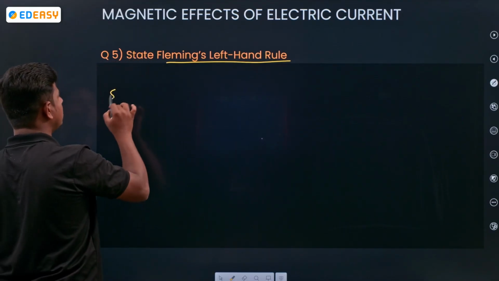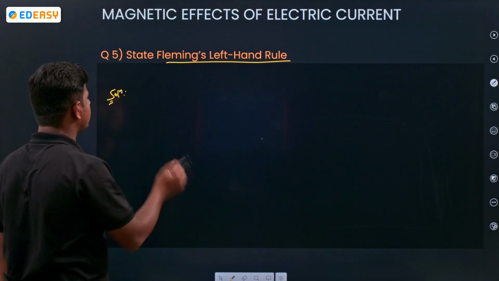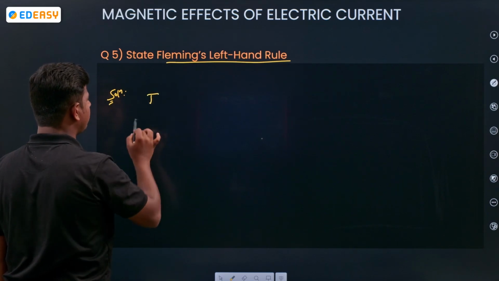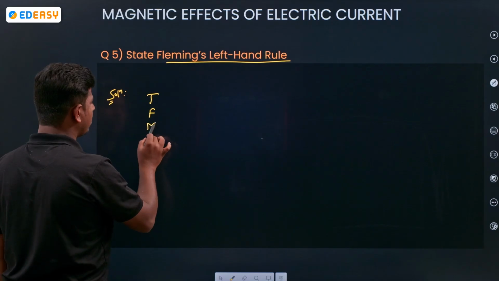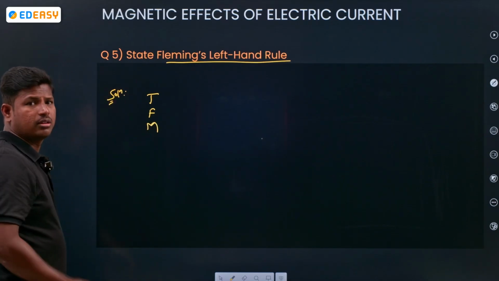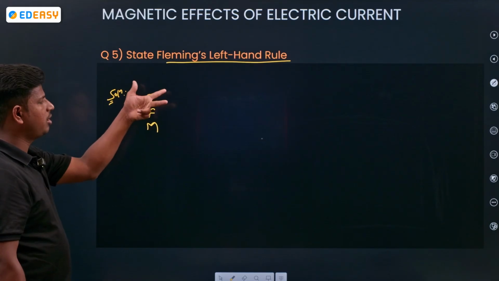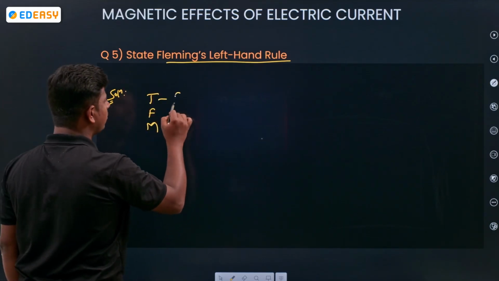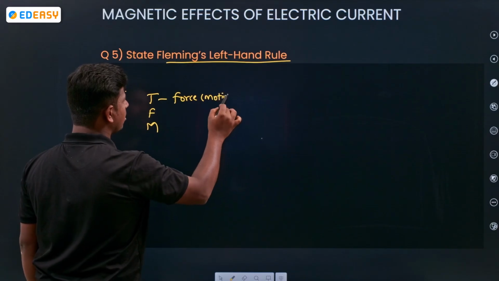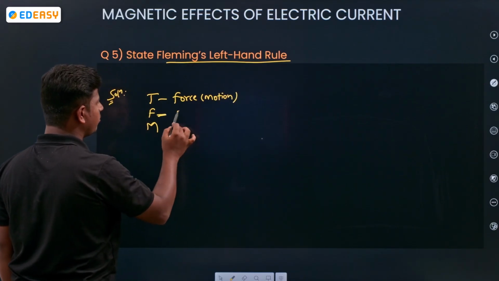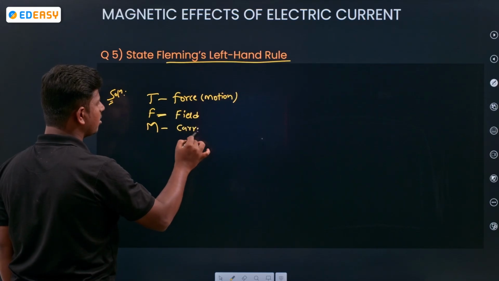Next, the statement of Fleming's left hand rule. Simple. How many fingers are there? Three fingers. What are they? Thumb, forefinger, and middle finger. Thumb, force or motion. Forefinger, field. Middle finger, current.